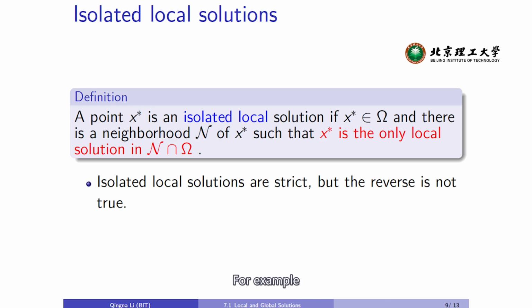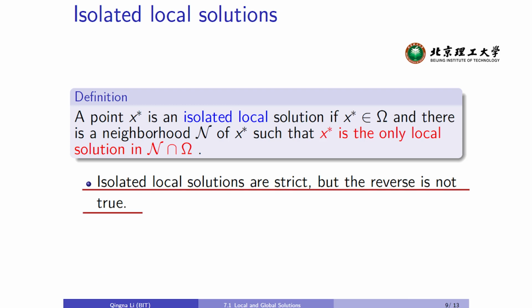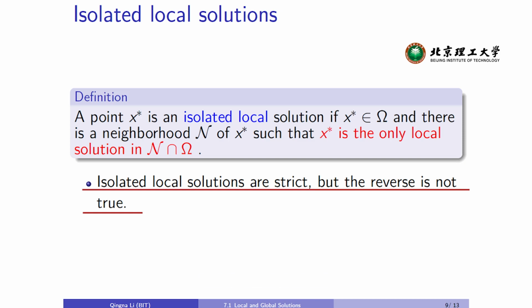For example, isolated local solutions are absolutely strict local solutions. However, the reverse is not true. Okay? We have demonstrated an example for the unconstrained case, and for the constrained case, you can construct an example on your own.